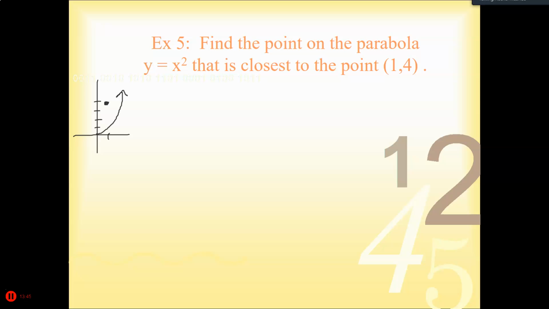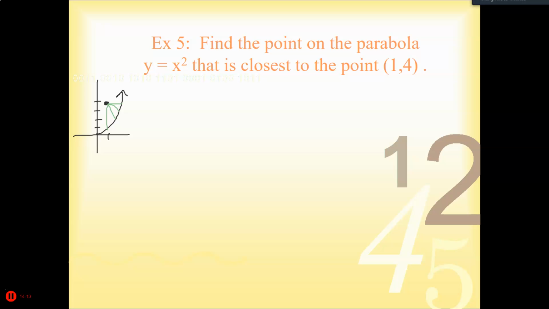So if I wanted to find the point on the curve closest to a point out in space, what's that called going from one point to another? What am I finding between that? What do those green lines kind of represent? What am I finding? Distance, exactly. Excellent. So I'm trying to find or minimize the distance formula.